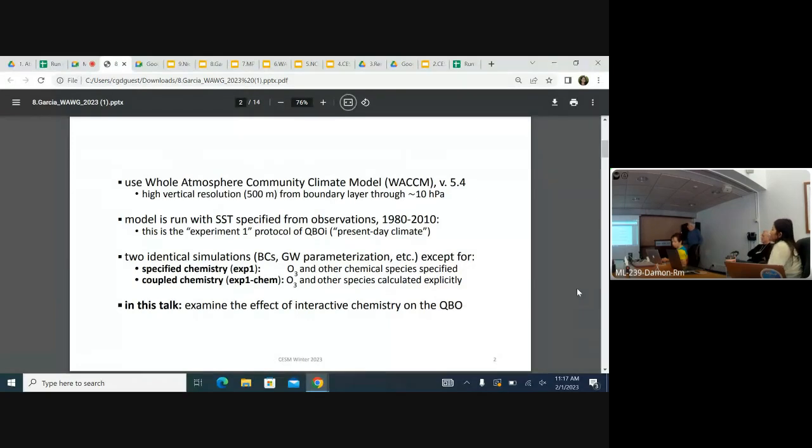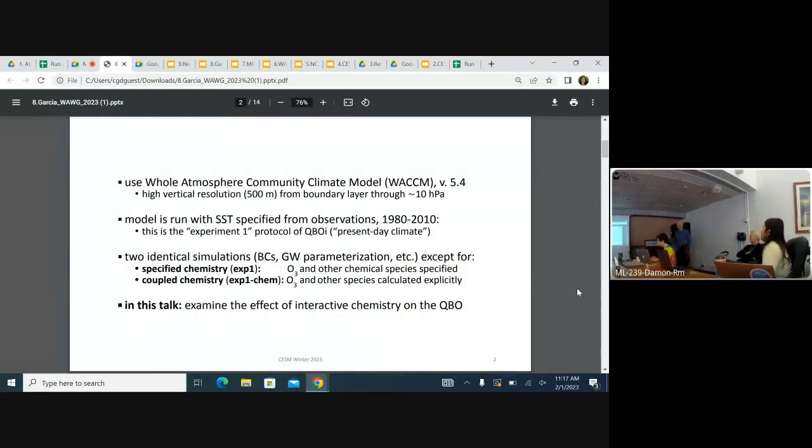We knew that the QBO was stronger when you run WACCM with coupled chemistry than when you run it without coupled chemistry. So what I'm going to show here is a comparison of two identical simulations, same boundary conditions, same gravity wave parameterization tunings. Everything is the same, except for the specified chemistry run.